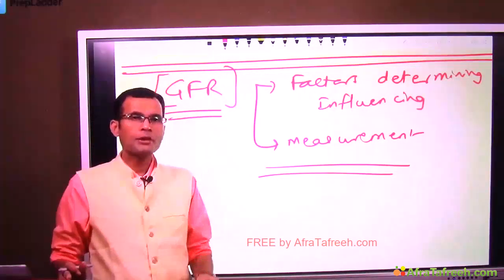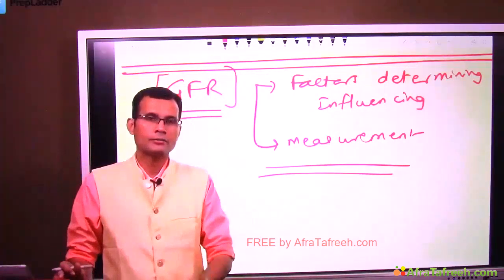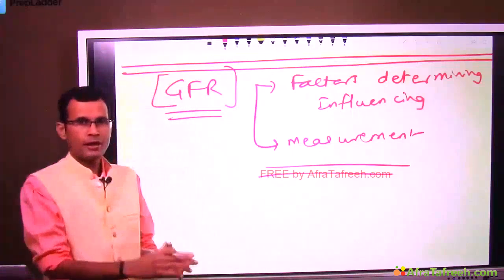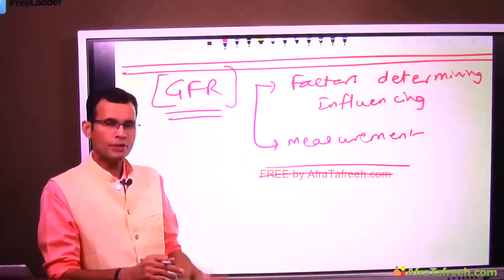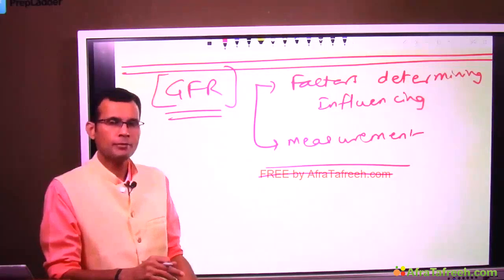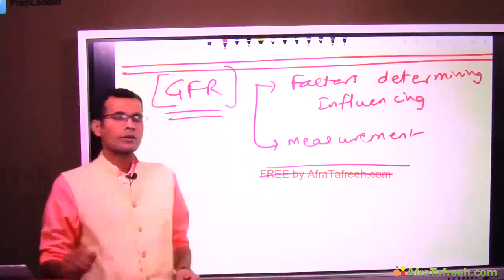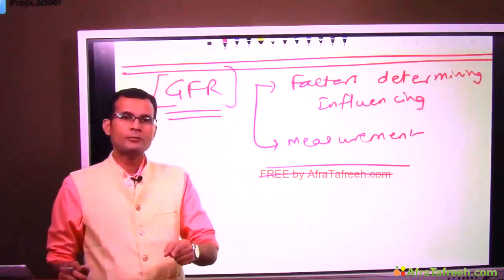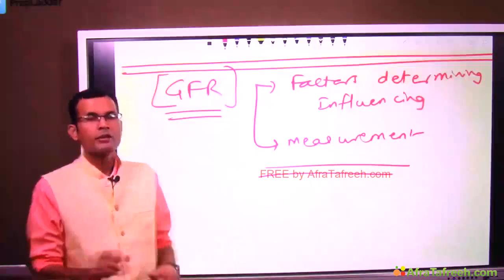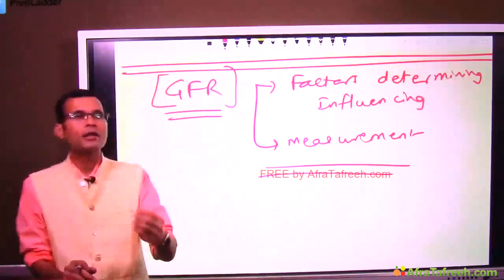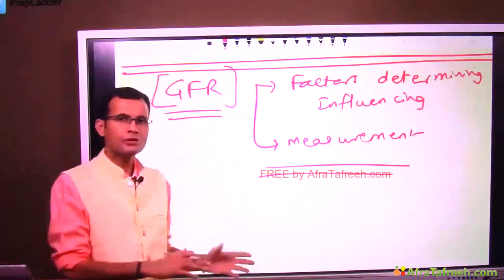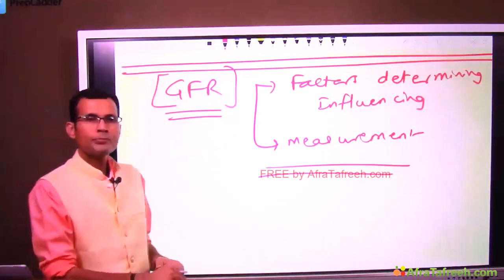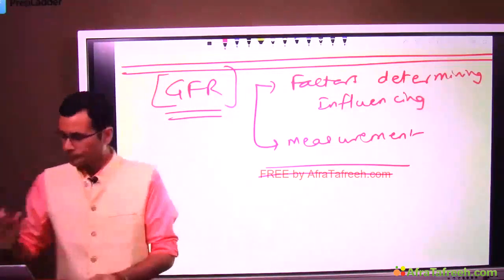How much will be his GFR? And the options are 125 ml per minute, 130 ml per minute, 135 ml per minute, 140 ml per minute. You want to answer that just now? Okay, the answer is 130. Why? We will discuss it. Creatinine clearance is an overestimate of the actual GFR. So, we will see that in some time.